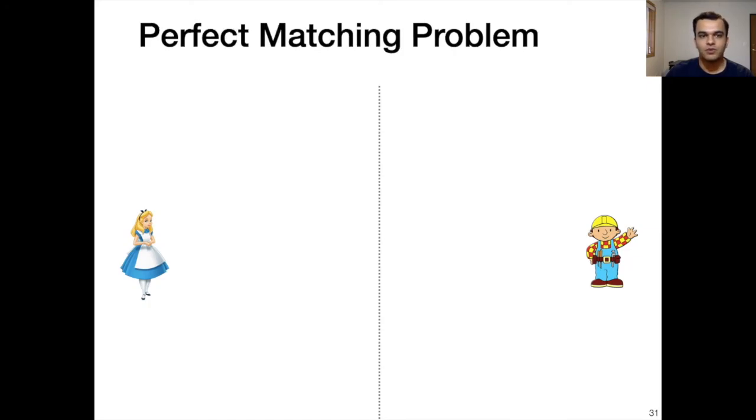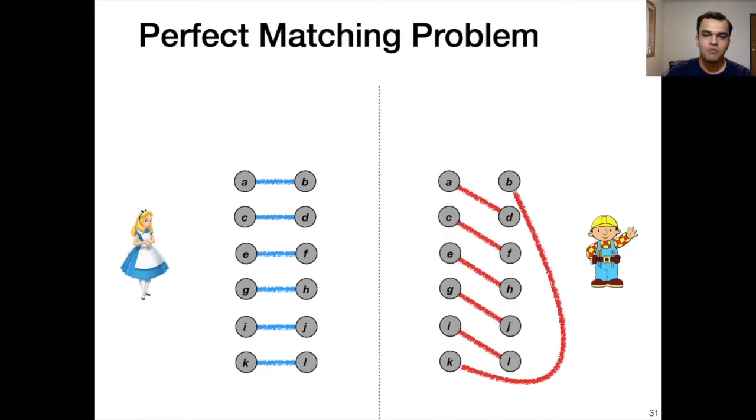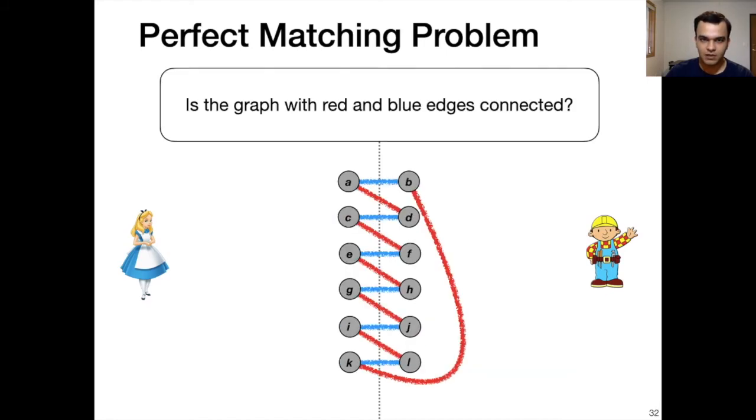The problem that we use in this paper is what I call the perfect matching problem. In the perfect matching problem, Alice is given a blue perfect matching and Bob is given a red perfect matching on the same set of vertices. Their goal is to find if the graph with red and blue edges is connected or not.